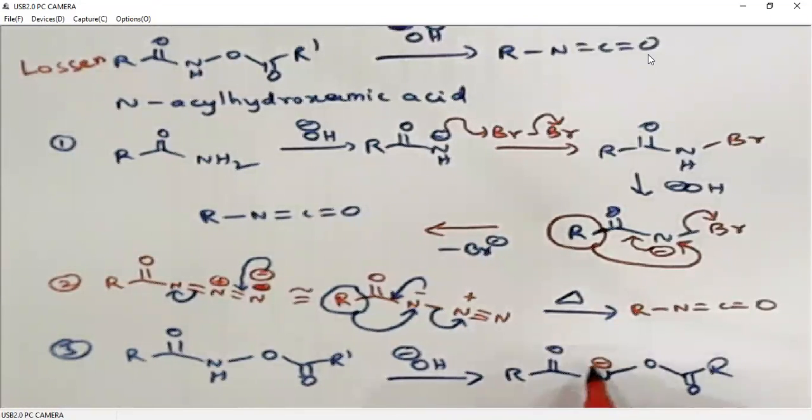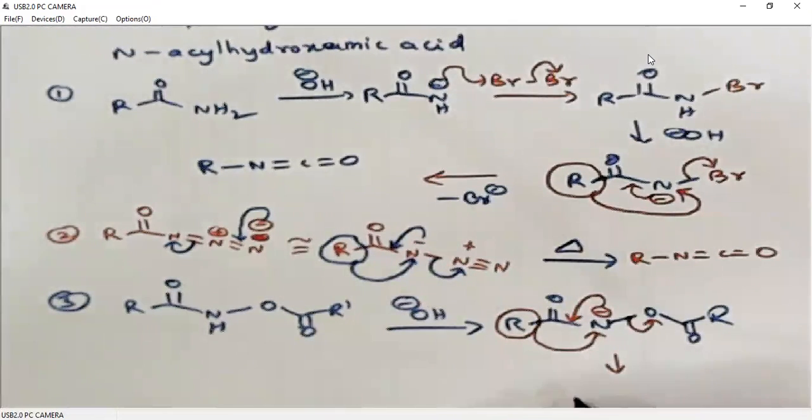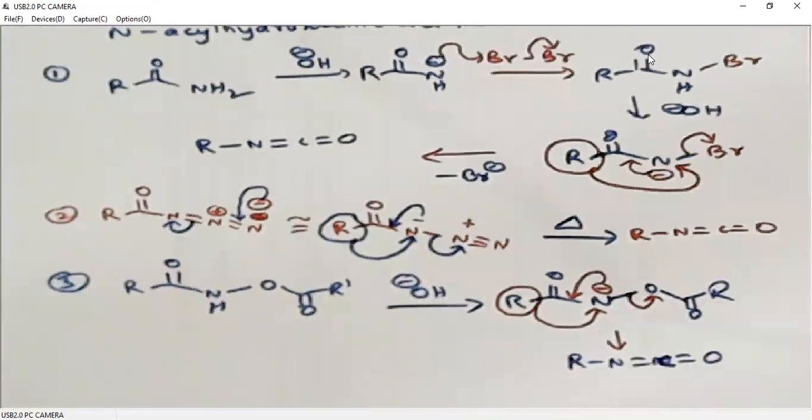So this negative charge will polarize towards carbonyl, then alkyl group will migrate to nitrogen because we have a good leaving group in terms of carboxylate ion. So this is converted to R N double bond C double bond O, isocyanate. So this is how all these three mechanisms will convert the starting materials into isocyanates.